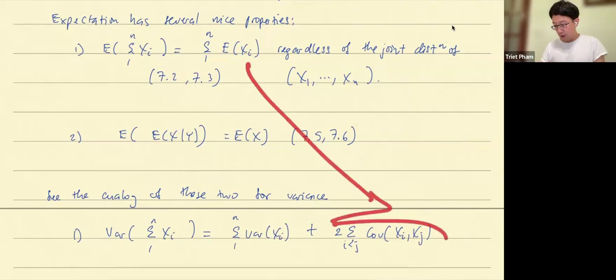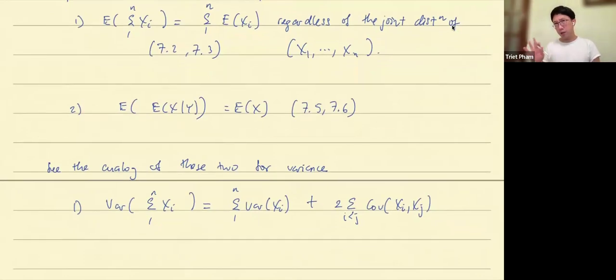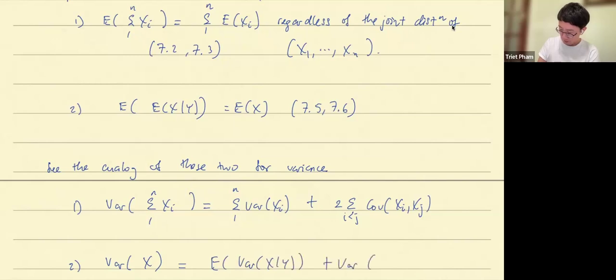With variance, you have covariance terms attached. Not sure if we'll get to conditional variance in this course, and there's no need to. That's probably for more advanced courses. But there is also an analog of conditional variance like this. Okay. So this will be the topic of 7.4. This can be left for later courses.